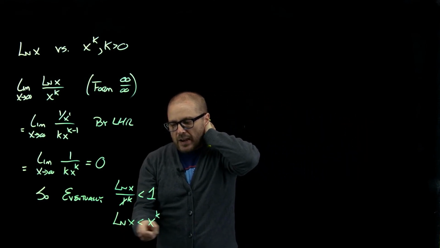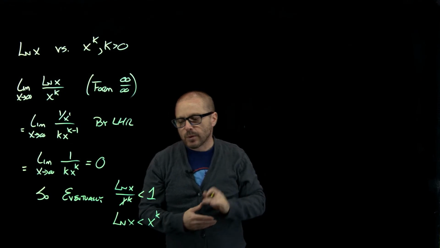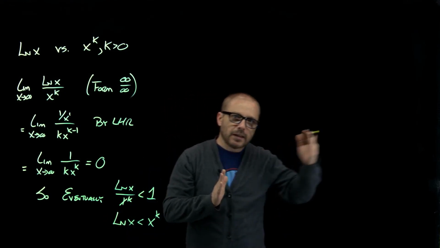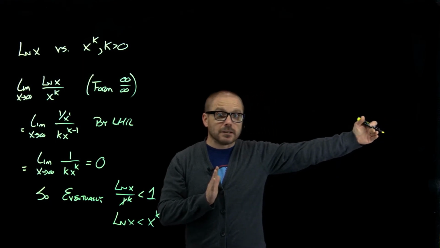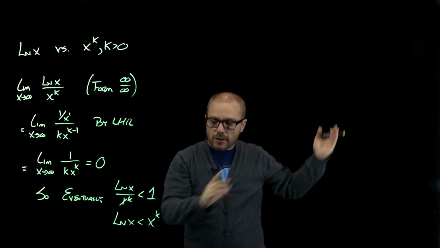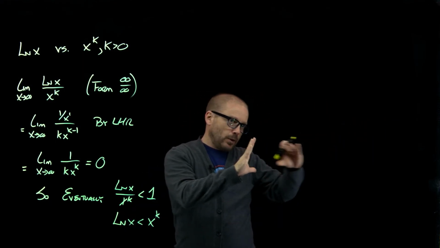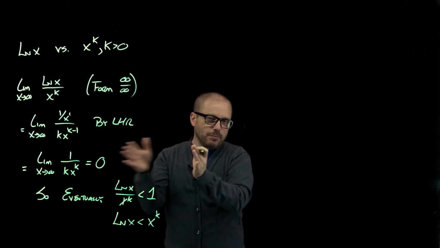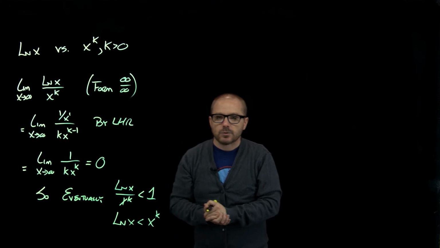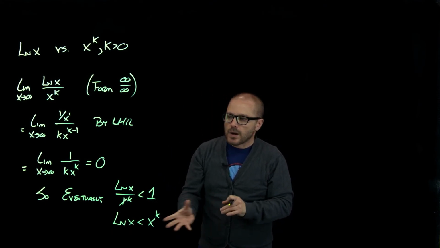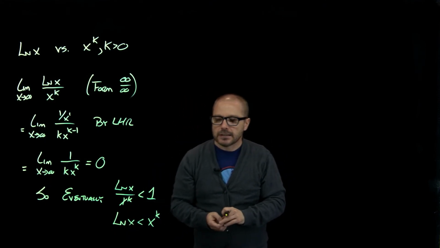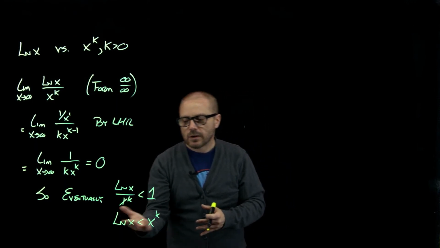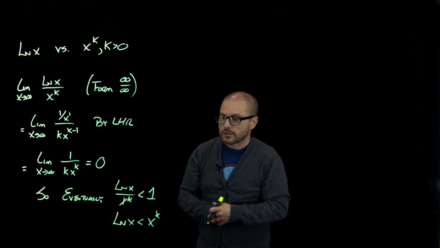And so the fact that this may not be true at first is not a problem. This is still useful, even if we have to skip ahead to x equal a billion. If from a billion on this is true, and we could make an argument about the tail being convergent or divergent, then that finite part we skipped doesn't really make a difference. So this is a very nice comparison here for getting a comparison started with power functions.